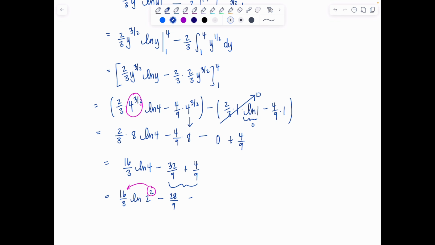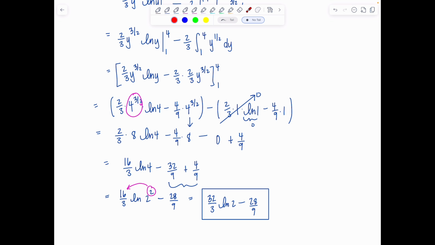And we have 32/3 ln of 2 minus 28 over 9. Okay, good. So anytime that base is a prime power, you should want to rewrite it in terms of that prime number raised to some constant and then move it in the front, just to simplify as much as possible.